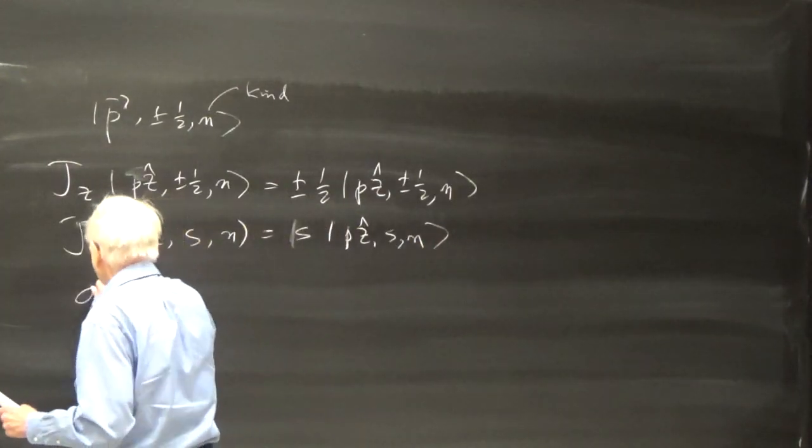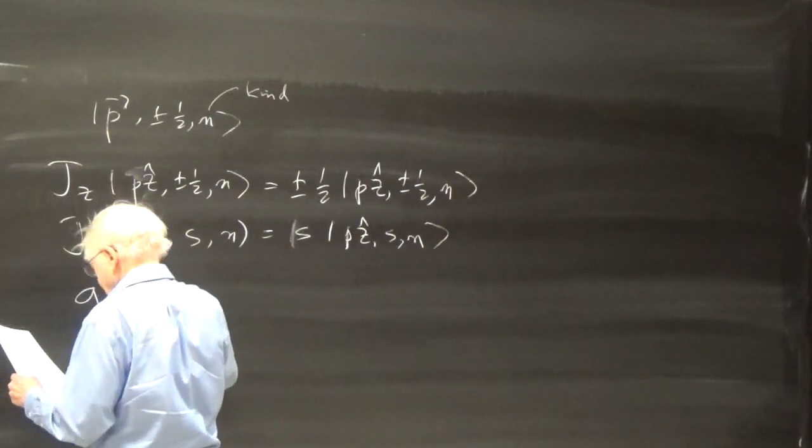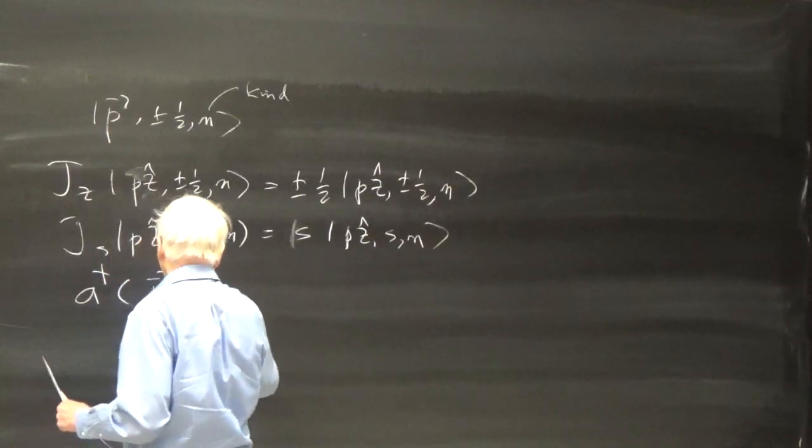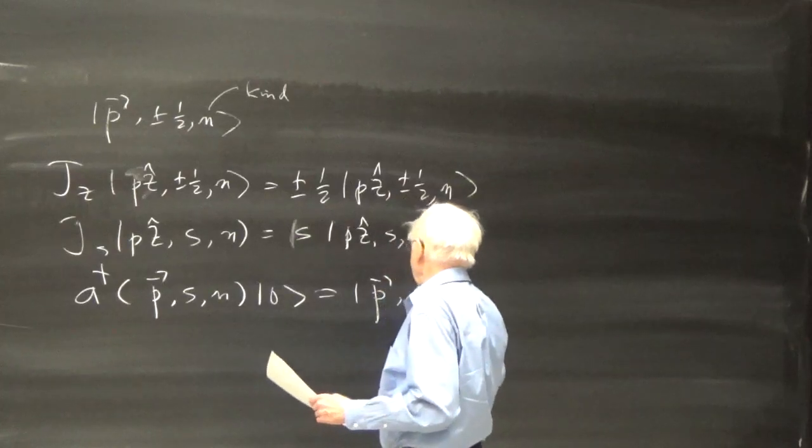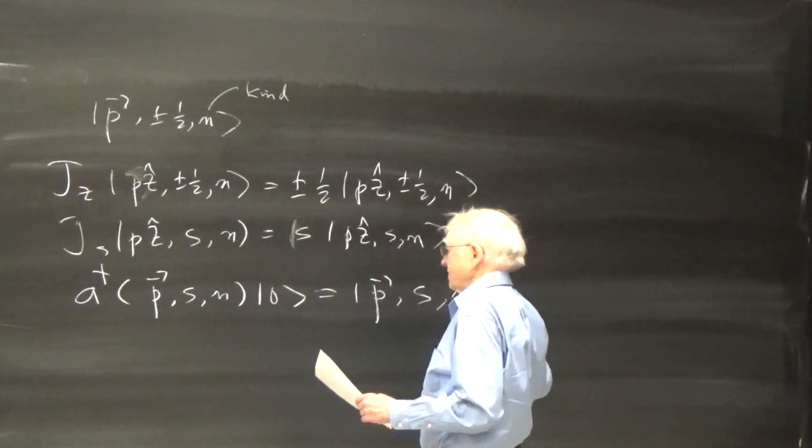In general, the creation operator a†(p, s, n) takes the vacuum to this state |p, s, n⟩.